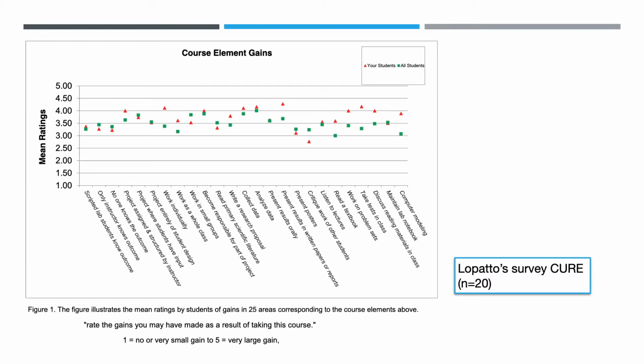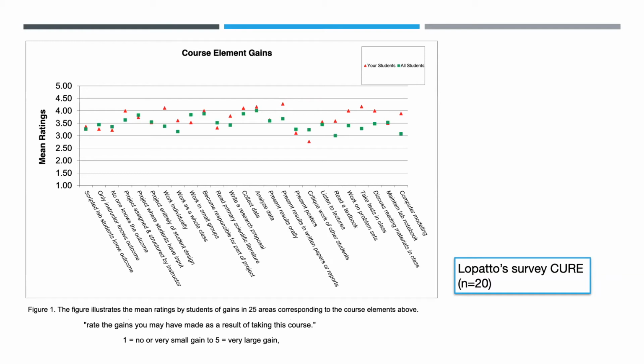It reports the numbers reported by the students, but it also makes a comparison with students across the nation who are participating in course-based undergraduate research at their institutions and are taking the same survey. It compares my student responses to the national pool of students using the survey at the time.